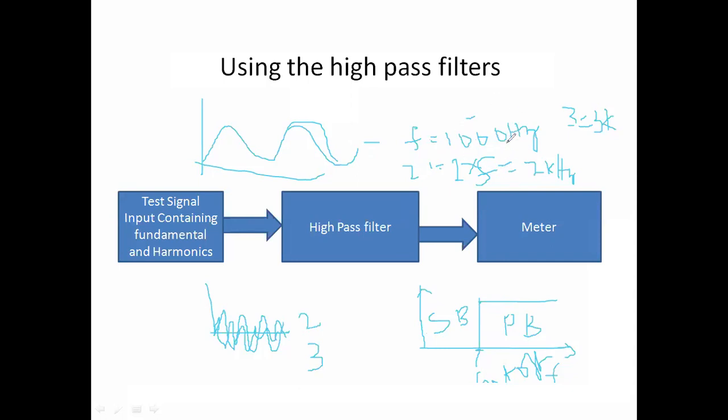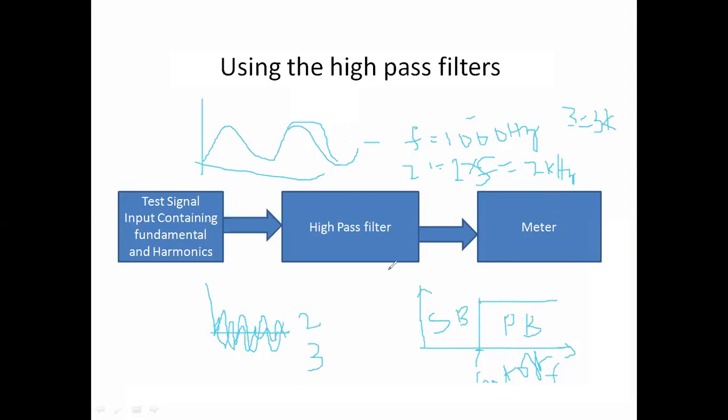That's why they are all higher than 1k. So all harmonic frequency components will be allowed to pass after the cutoff frequency, and those components will be measured in the meter. That value represents the total harmonic distortion of the harmonic frequency components.